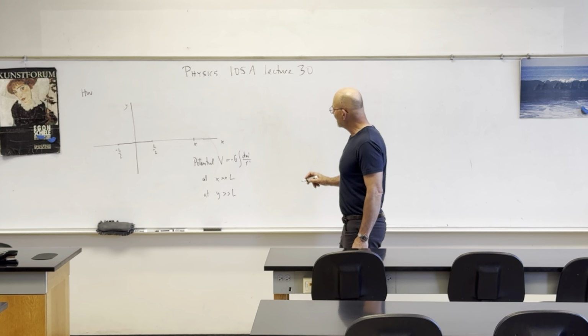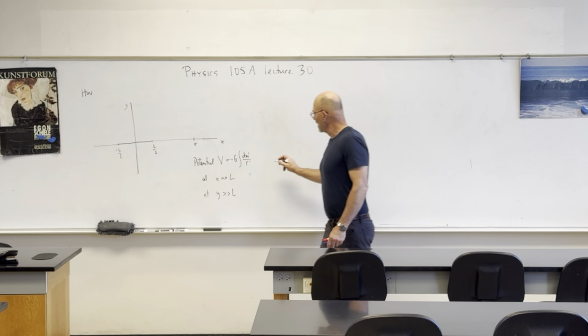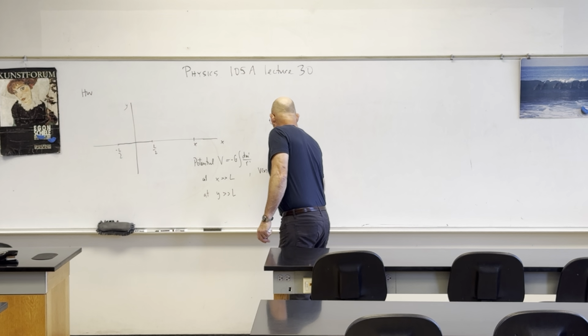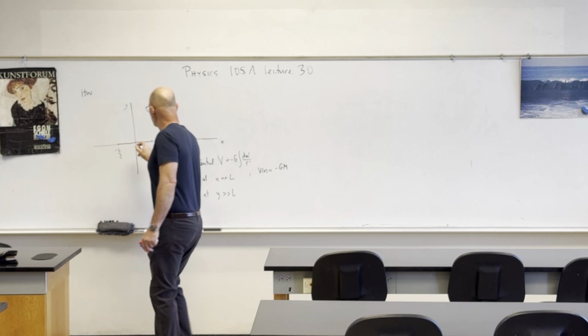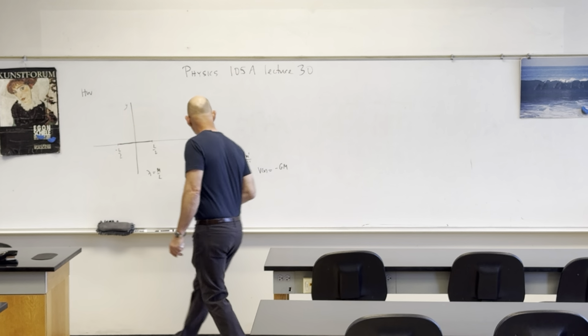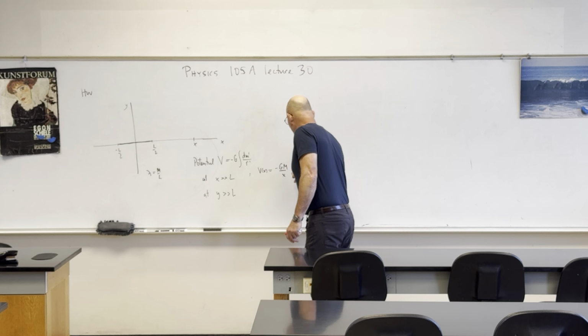And what we find, and what you are going to prove, is that V of x equals minus GM. This thing was a length L, mass m, and lambda was m over L. So what do we find here? We find minus GM over x plus something over x cubed.